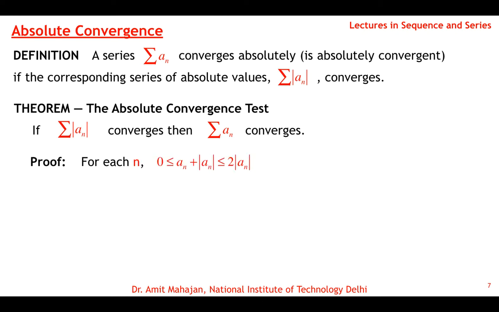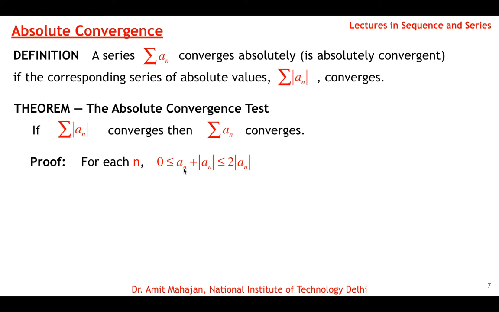For this theorem, we know this is always true for any n: an plus the absolute value of an is always greater than or equal to 0. If an is positive, this will be strictly positive, it becomes 2 times an, non-zero.